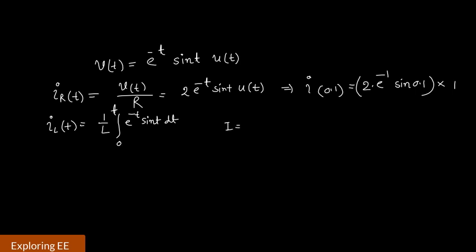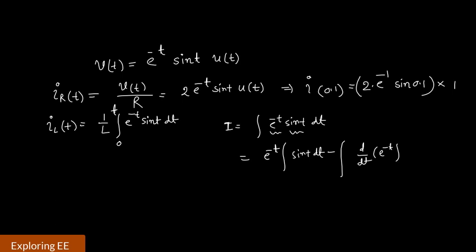Let us assume this integral, integration of e to the power minus t sin t dt, is equal to I. So this is the first function, this is the second function: e to the power minus t integration of sin t dt, minus integral of d/dt of e to the power minus t into integration of sin t dt, which will be minus cosine of t, into dt.